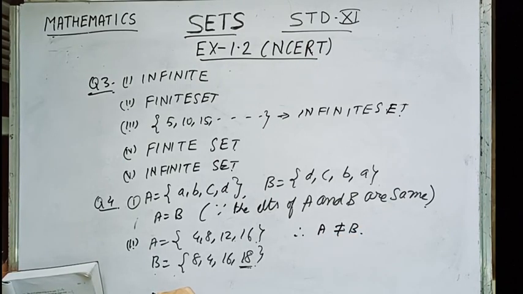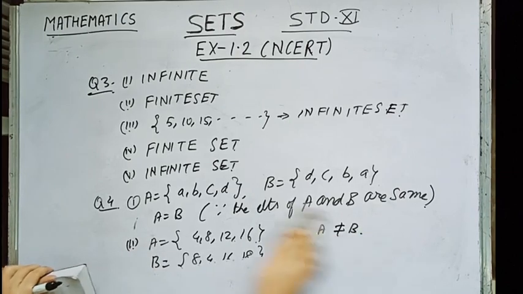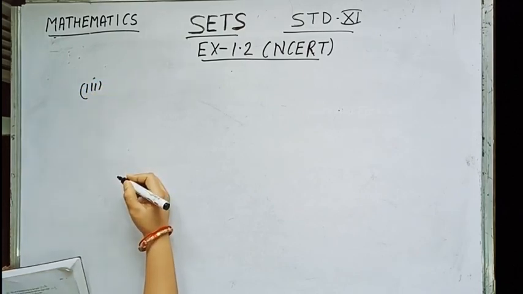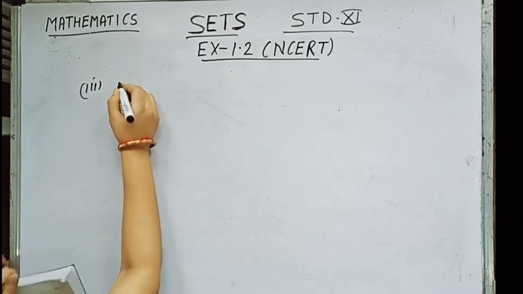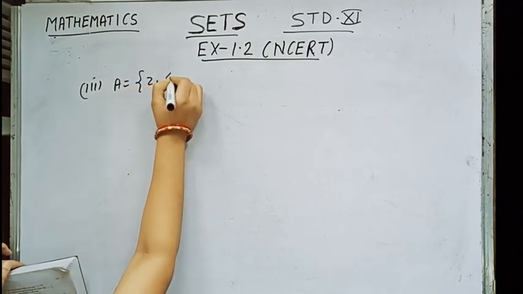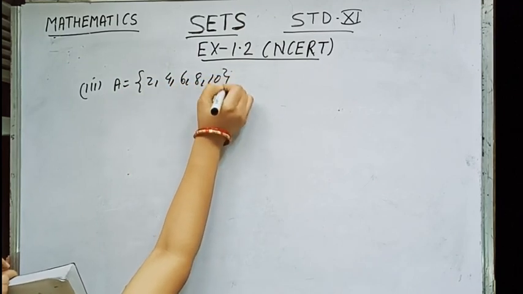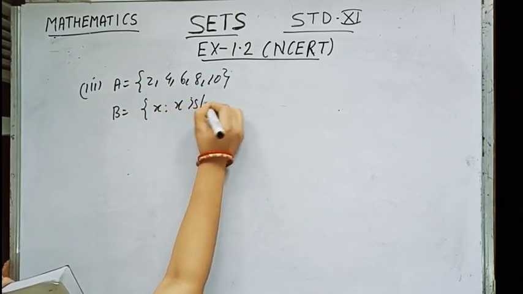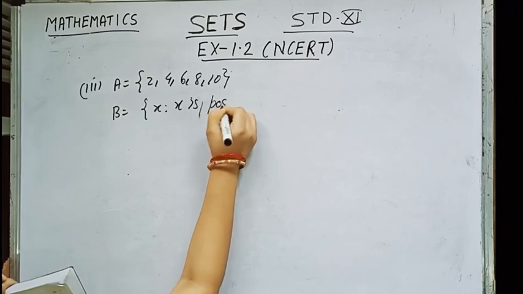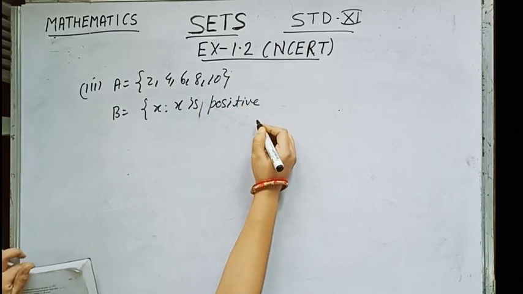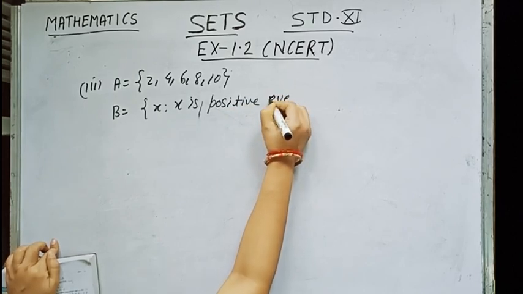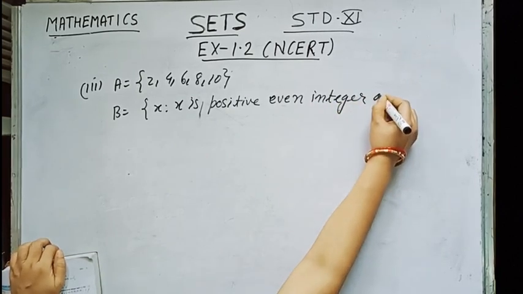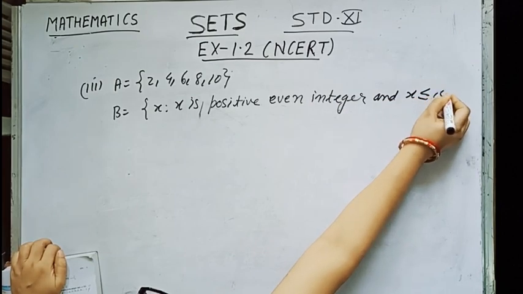Similarly, subpart number 3 is A equals {2, 4, 6, 8, 10} and B equals {x such that x is a positive even integer and x is less than or equal to 10}.